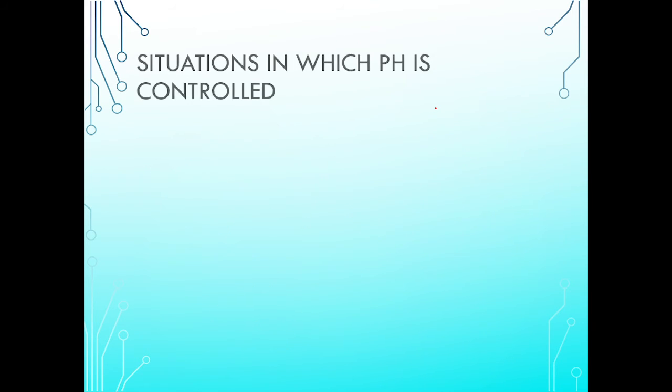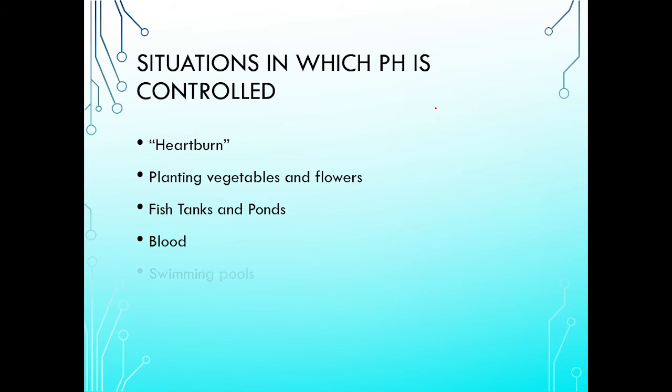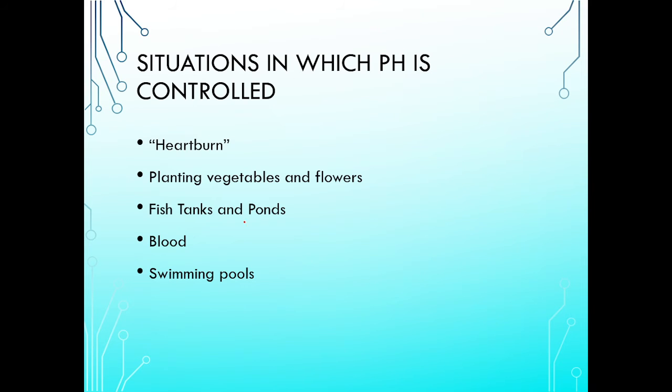Okay, so this is one thing I wanted to add to your knowledge. Now moving to the next, that is, situations in which pH is controlled. All these situations we have studied about. What are the situations? For example, heartburn. Heartburn is nothing but acidity. Whenever you get hyperacidity, at that point of time a lot of gas is also produced, and this gas travels in your body.